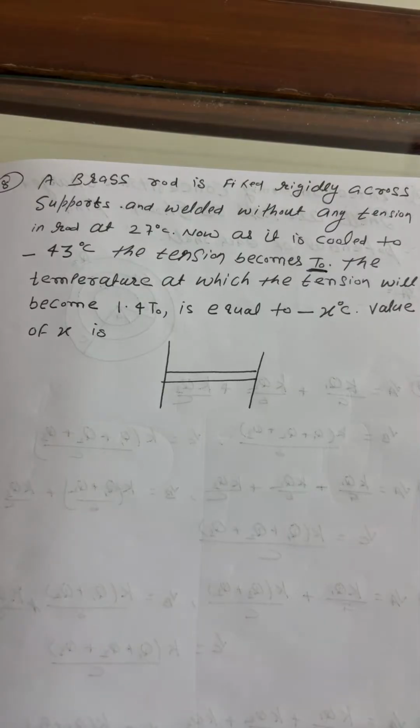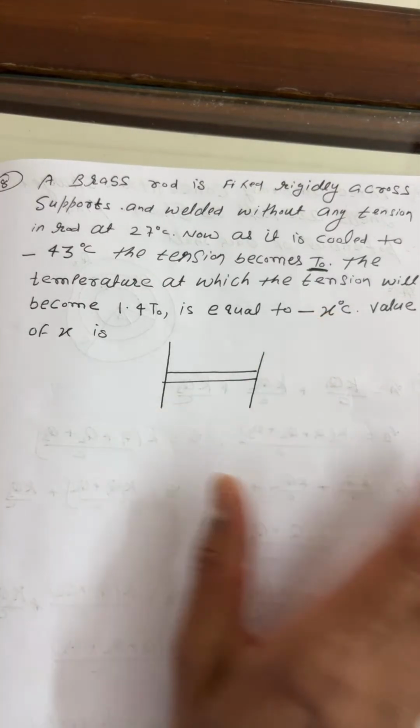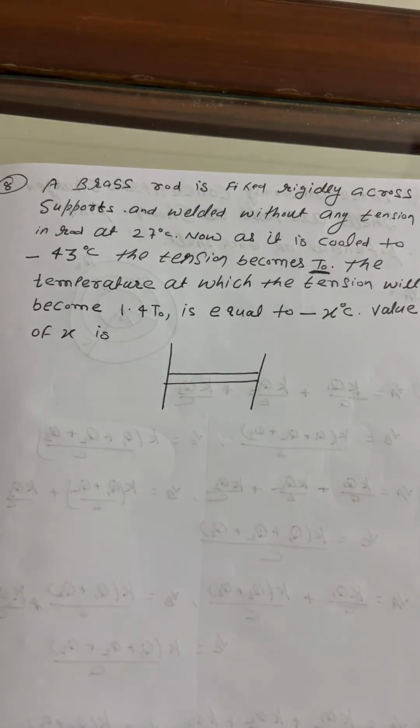We wish to find the temperature at which the tension will become 1.4 T naught. We wish to find basically x, the negative sign you can ignore. What is the value of x? This is basically the question.